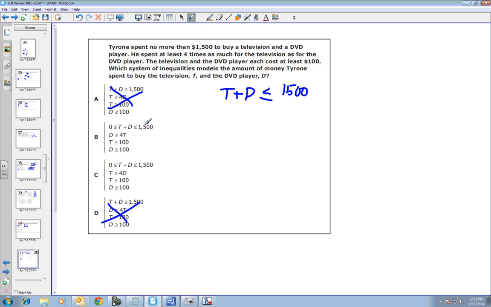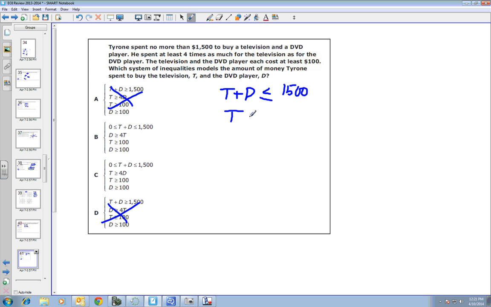Now look at how they wrote those. They just said that the T, the television plus DVD, is between 0 and 1,500. Is that okay? Yeah, that's fine. All right, so now let's look at our next sentence. He spent at least 4 times as much for the television as for the DVD player. So for the TV, he spent 4 times as much.